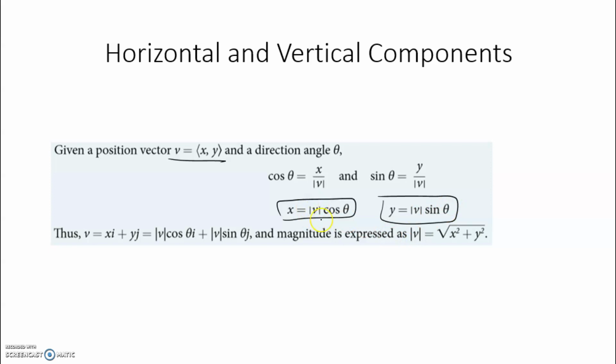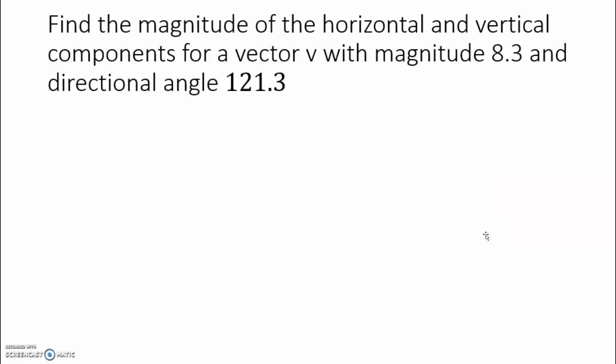Remember, the magnitude of your vector is the square root of x squared plus y squared. Now we're going to find the horizontal and vertical components for a vector v with magnitude 8.3 and a directional angle of 121.3 degrees.